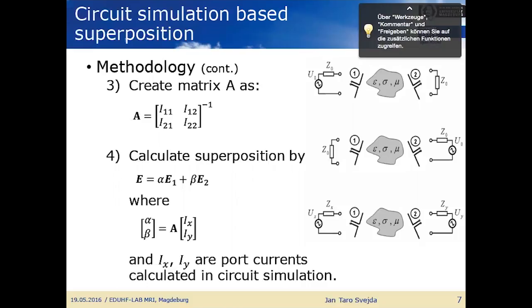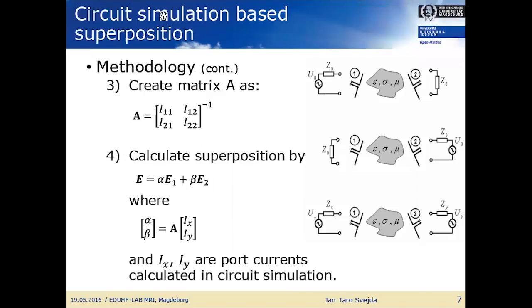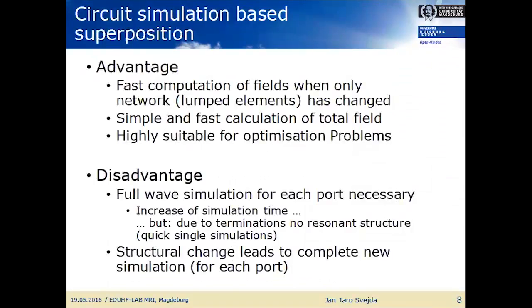It's actually the same as Mr. Koppel showed already. He made a simulation of his whole antenna system and then took the S parameters to the circuit simulation tool, calculated there the complex currents Ix and Iy, multiplied them with the inverse matrix here, and then got these weighting coefficients to make this superposition. And I have lost the slide over here.